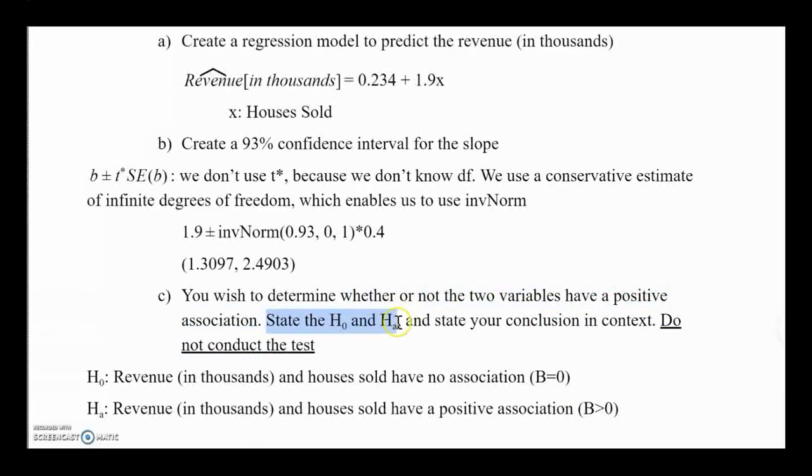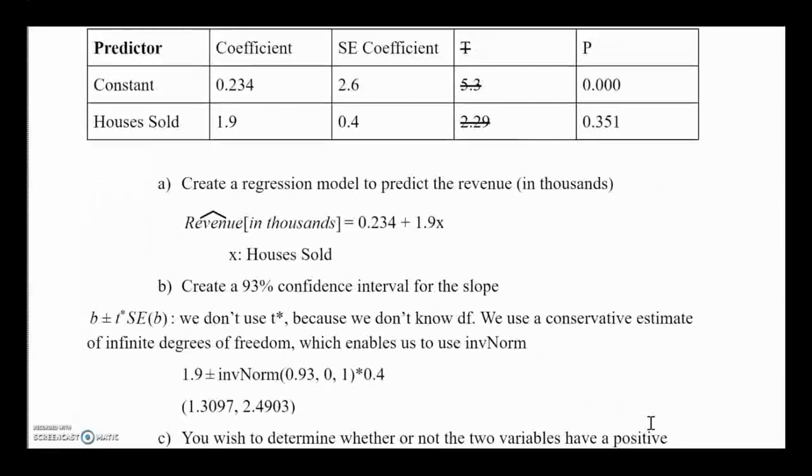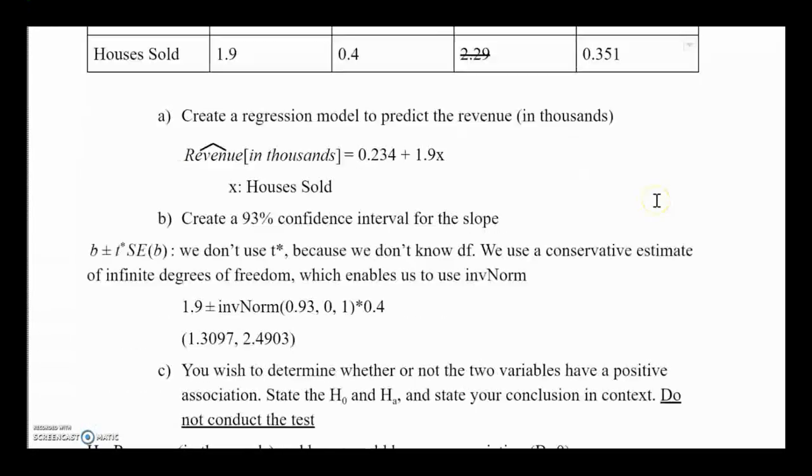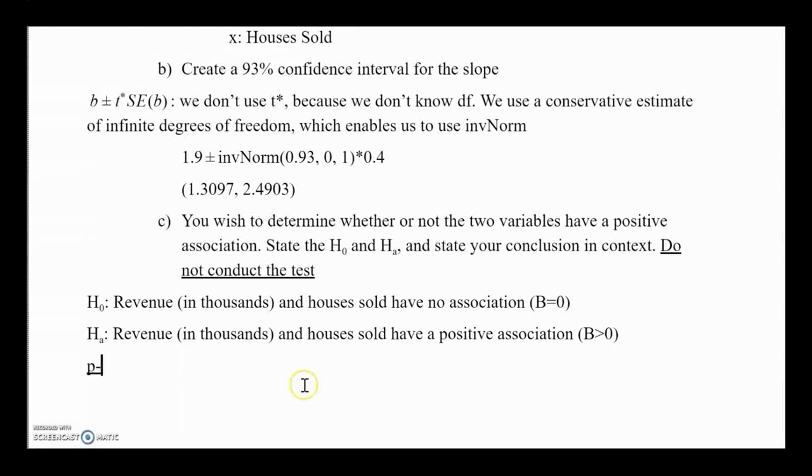So I've answered one part of the question, and I state my conclusion in context. But how do I say my conclusion without conducting the test? That's what this part is for. Since it's talking about the slope, you would look at the p-value of the slope. The p-value is 0.351. What does that mean?